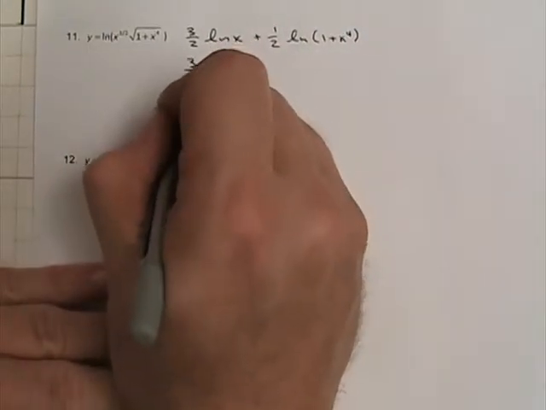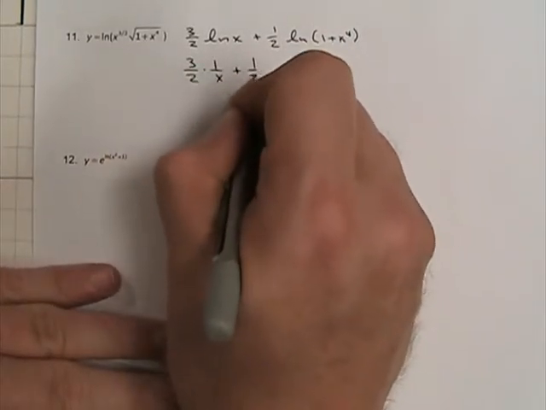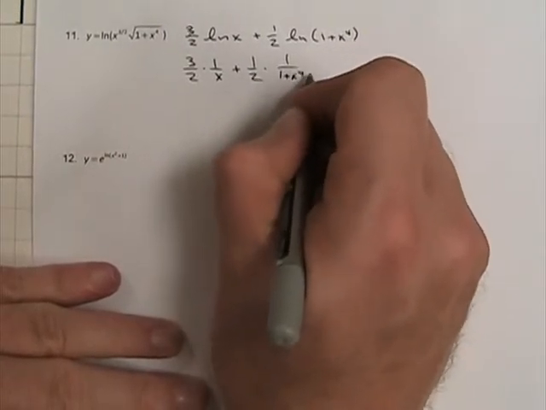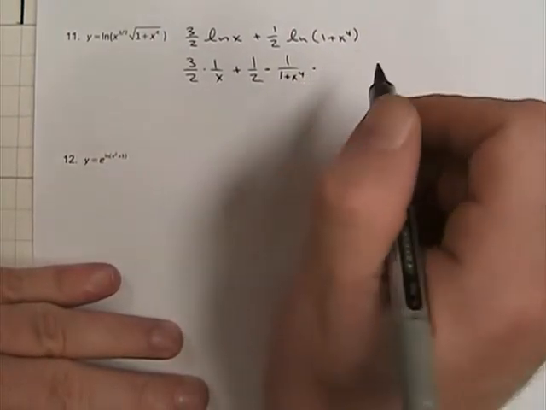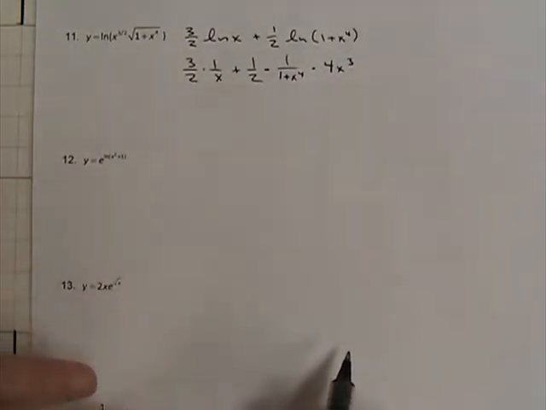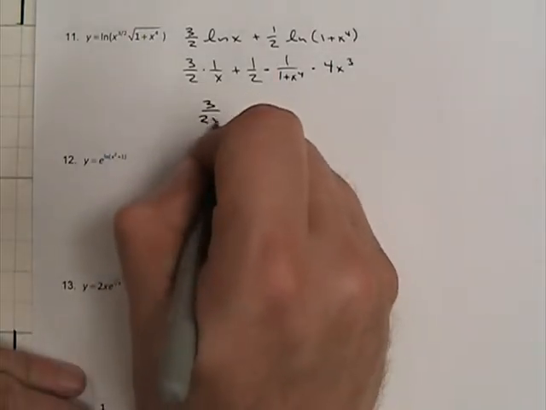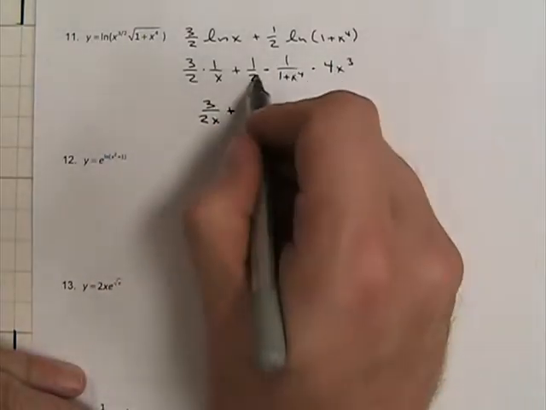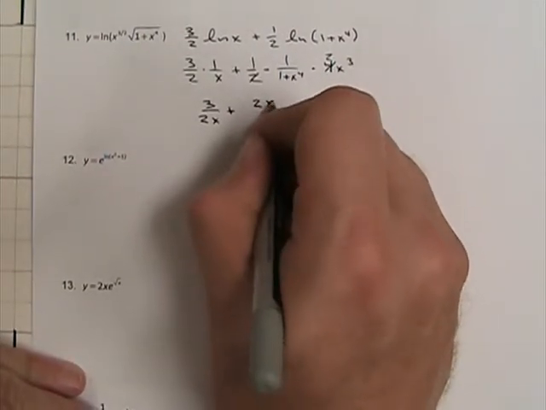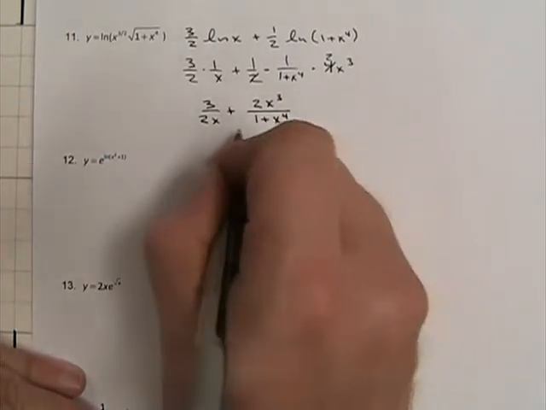And the derivative is 3 over 2 times 1 over x plus 1 over 2, 1 over 1 plus x to the 4th, times the derivative of the inside, which is 4x cubed. Okay, so we'll put this all together, plus that 2 is going to cancel, make that a 2, so we get 2x cubed over 1 plus x to the 4th.